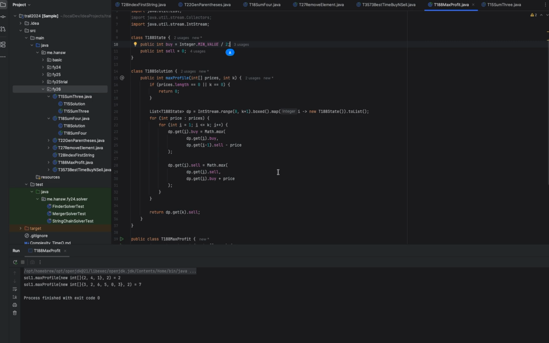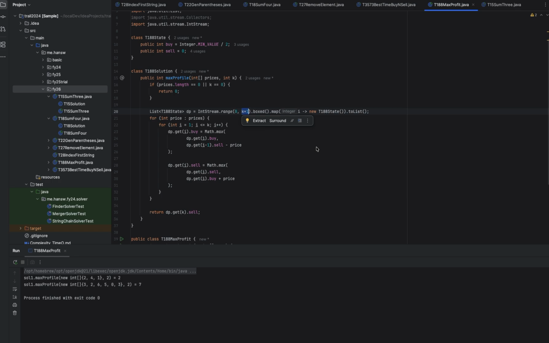Here we start the core logic flow of the dynamic programming, where we go through the prices. There are at most k transactions, and we leave space for the first price, which by default has no transactions.